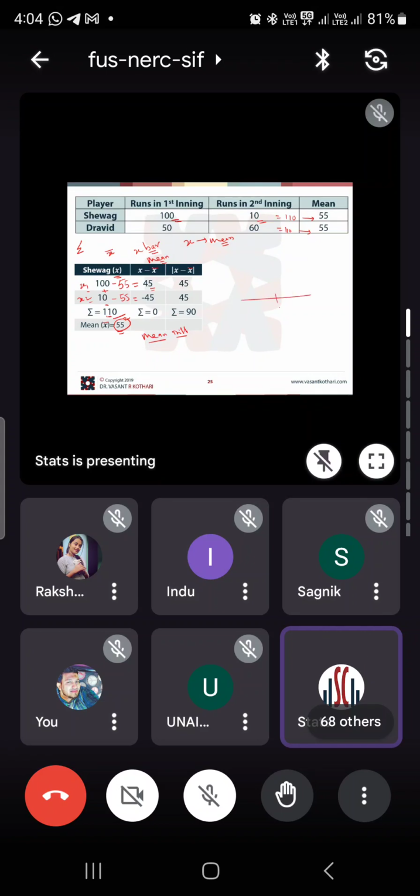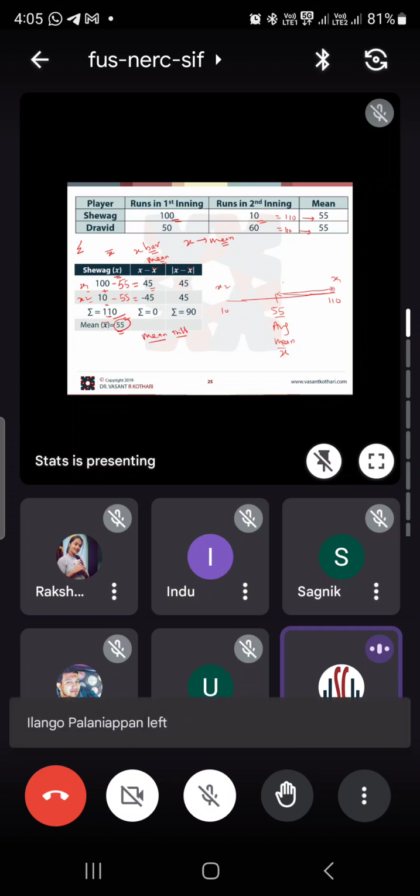So see here. This 55 is an average, that is the mean, nothing but the x bar. And my one number is 100 and my another number is 10. So here x minus x bar means how much the distance is.